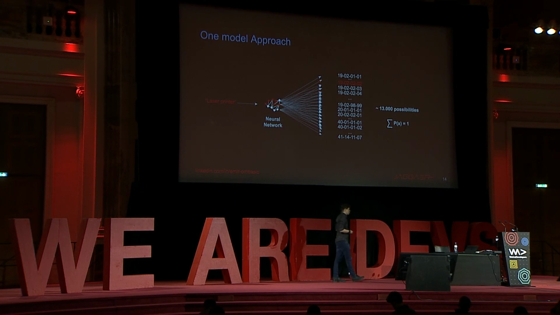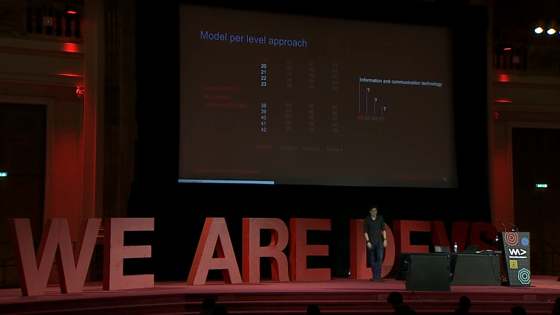And how it works is that it tries to assign a certain probability to every one of the possibilities. And of course, the sum of all probabilities is 1. But in our case, we have 13,000 possibilities, so this was not working really well because the probability distribution was not so good. So of course, the one model approach was not working.